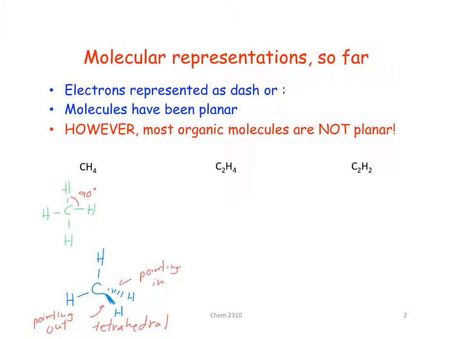If this molecule can adopt a tetrahedral shape, this bond angle can go from 90 degrees up to 109.5 degrees. So that bond angle is opening up, the electrons are getting farther apart, and this is becoming more stable. So methane can adopt this tetrahedral shape, which makes it more stable.